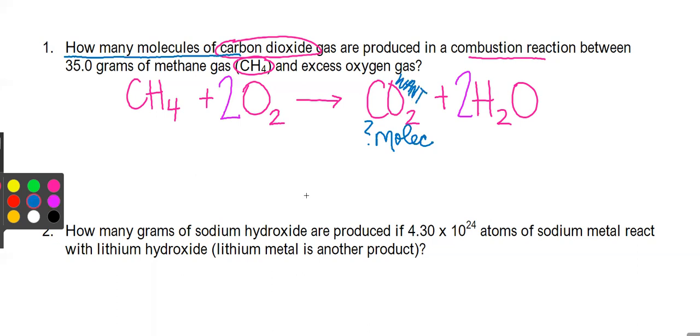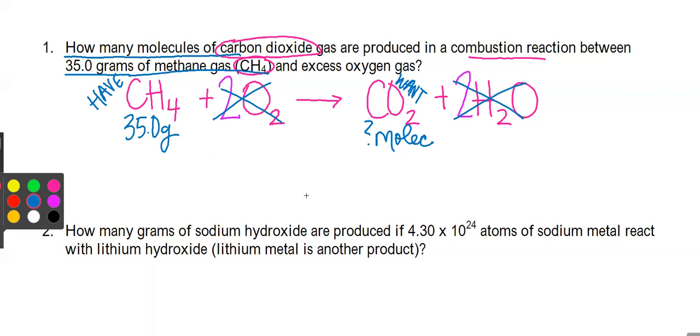The number that we have to start with, the 35 grams, belongs to the CH4, the methane gas. So that makes the CH4 our have compound. Okay, so then at this point, we've figured out our want and our have. No longer need the O2 and we no longer need the H2O. So if it's helpful, cross those out.